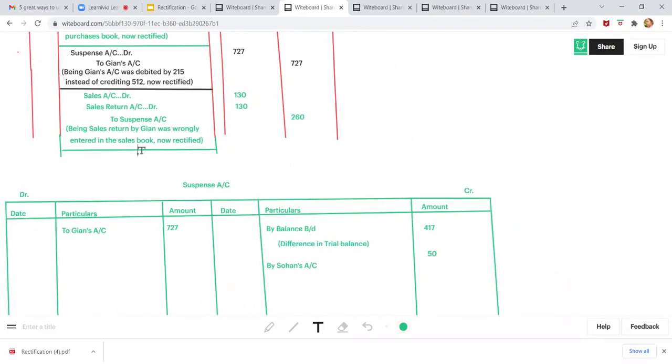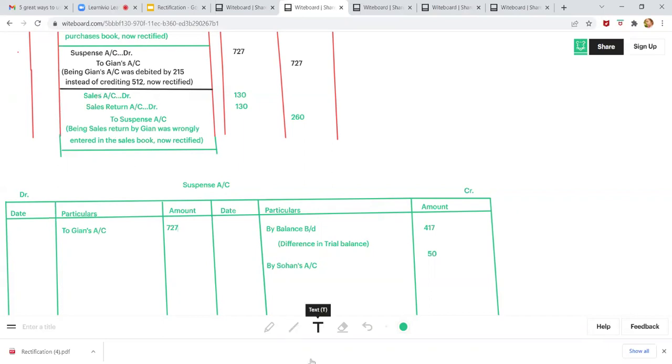Now the last part is sales account debit, sales return account debit to suspense account. So this error was created due to the sales account as well as the sales return account, and this is the error on the credit side.